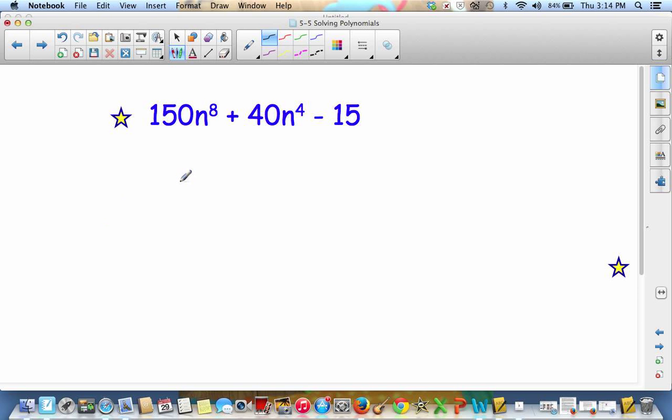So looking at this, can we write this in quadratic form, ay squared plus by plus c, substituting something in for y? So we know we're going to have n to the fourth. And what else can we factor out? We can factor out a 5.